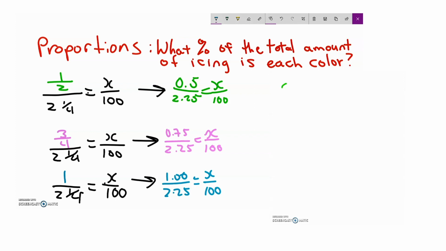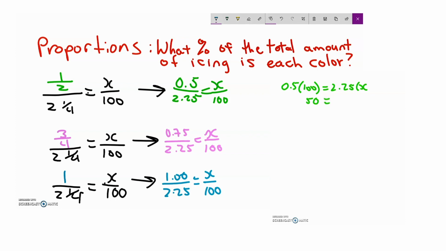So for the green frosting, we know that 0.5 times 100 is equal to 2.25 times x. So moving the decimal place over twice, because when you multiply by 100, you are moving the decimal place over 2 times to the right.